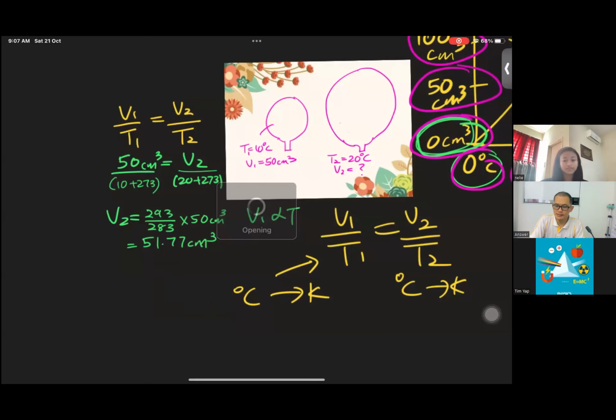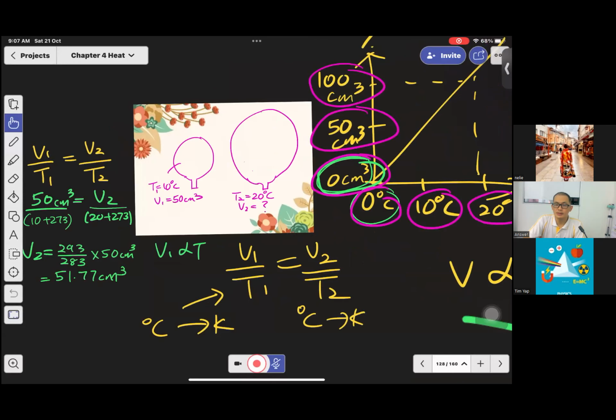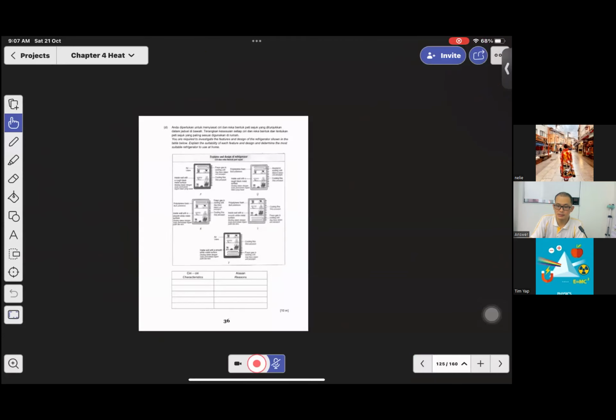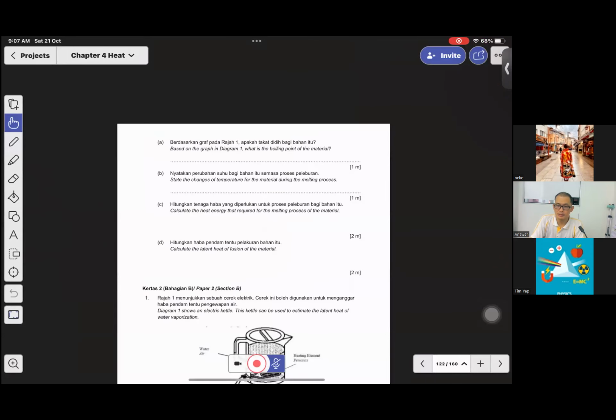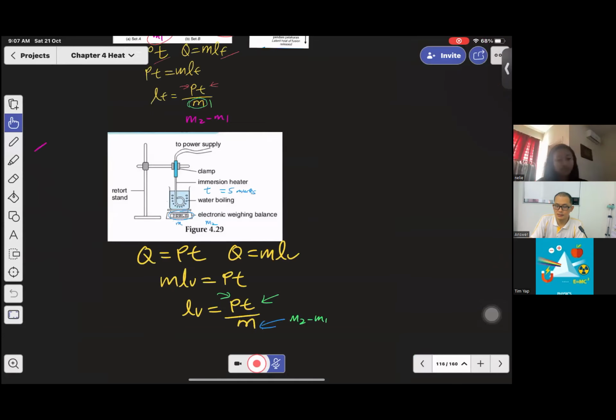Okay, in the previous lesson, I already explained to you how to determine the scale of the thermometer.